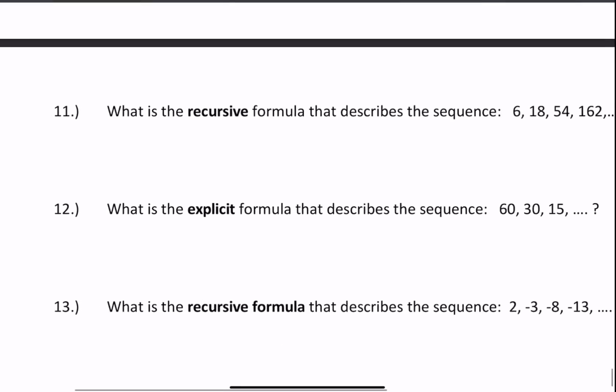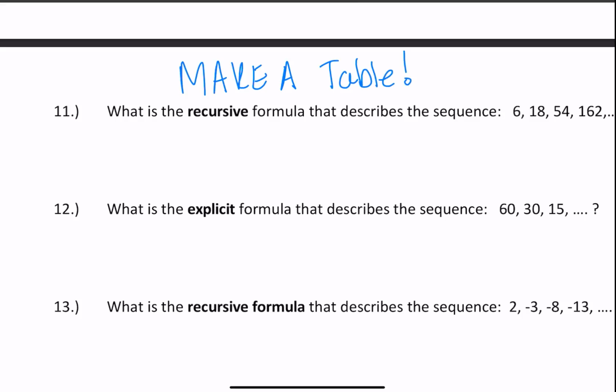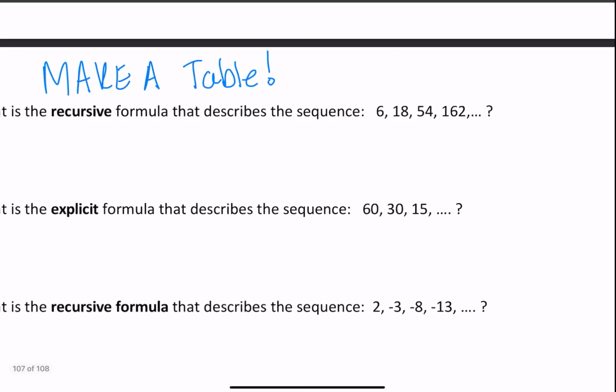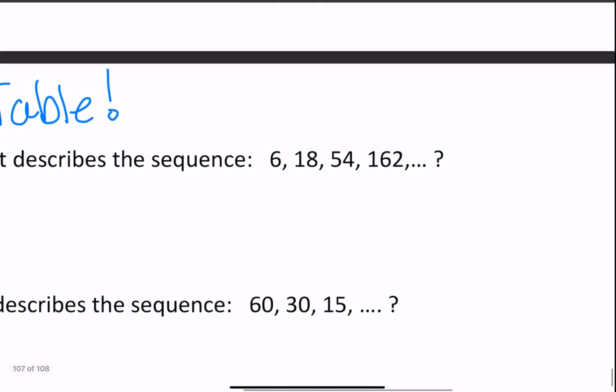All right, 11. Big hint for 11 through 19, or pretty much all of these, is to make a table. Now, in number 11, we're given a list of numbers. Whenever you have a list, this means start with time 1.